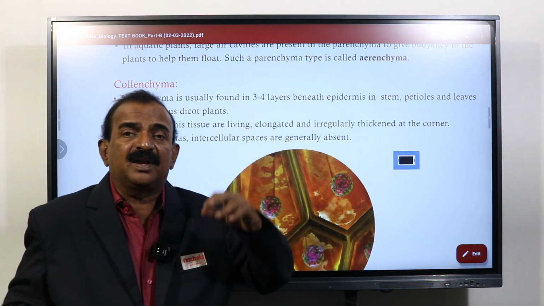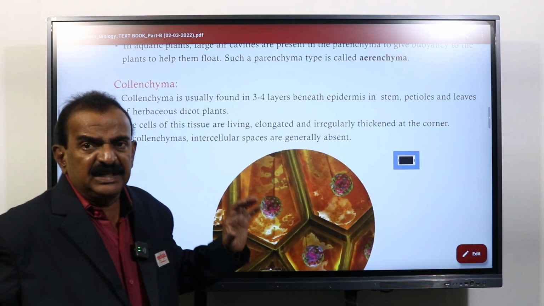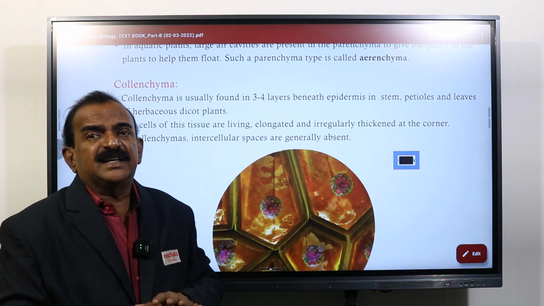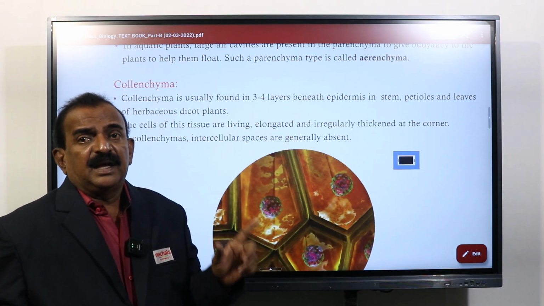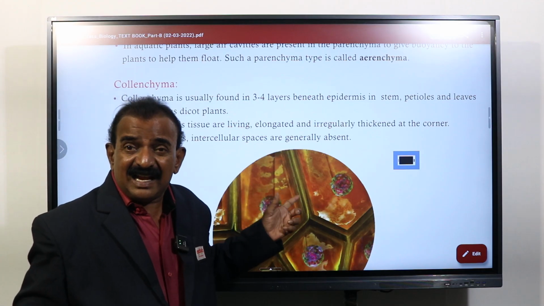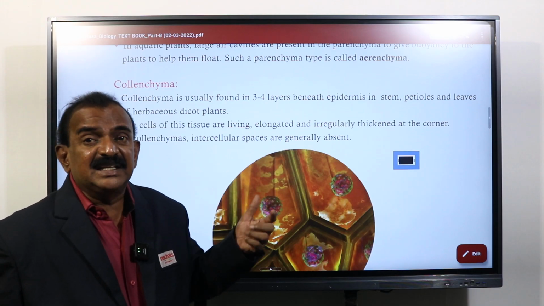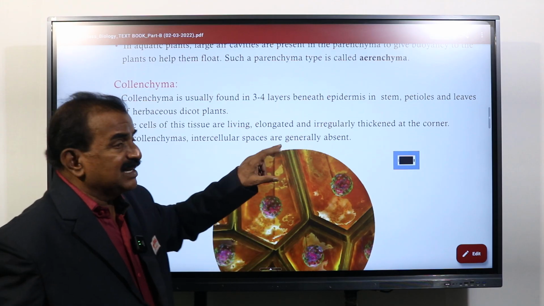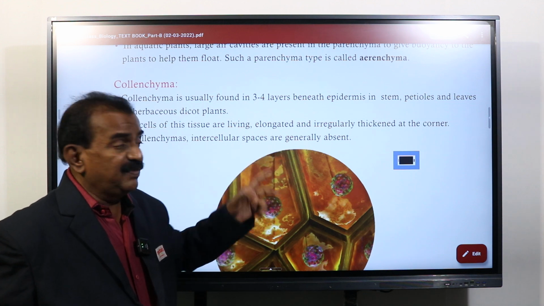So that is the difference between parenchyma and collenchyma. In collenchyma, the cells are elongated, while parenchyma cells are isodiametric, and collenchyma cells have thickened corners. Their cell corners are thickened, and this tissue has living cells.